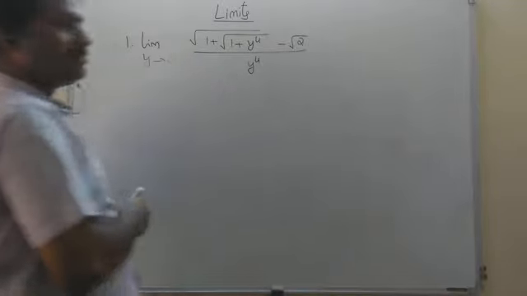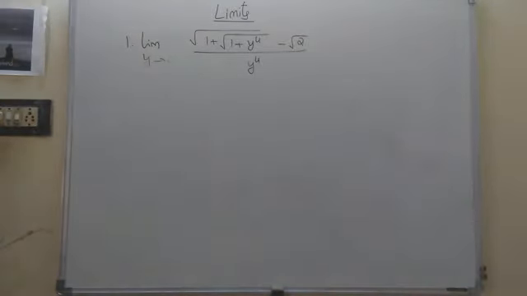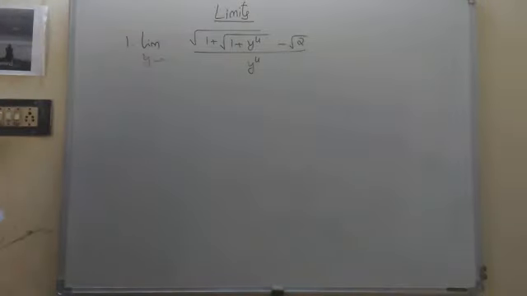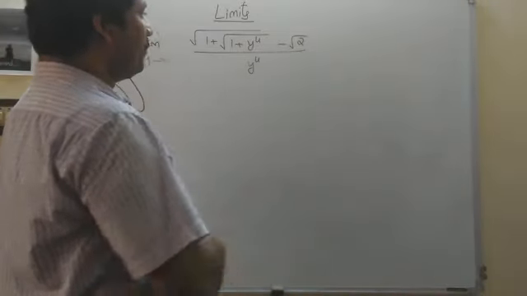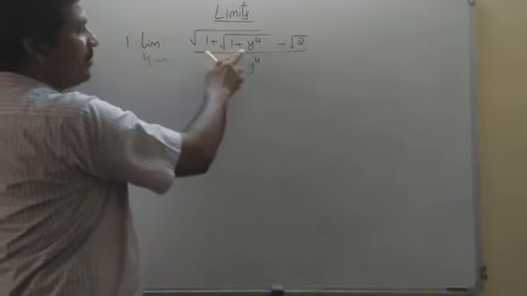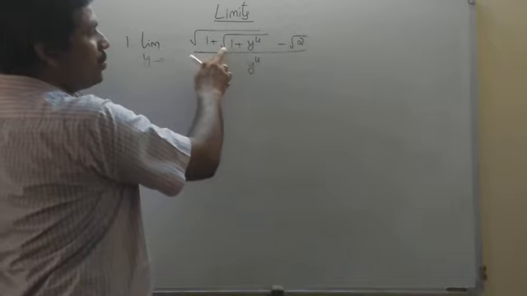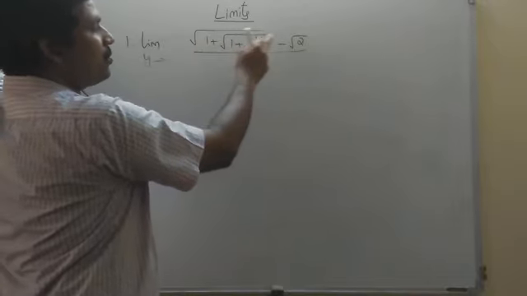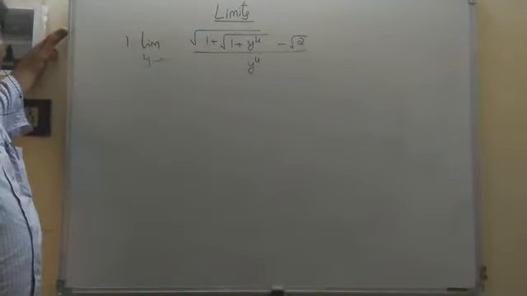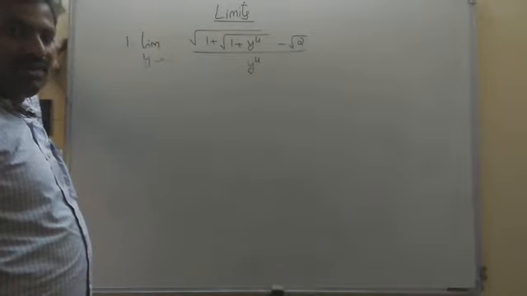See, this is the problem. First, what will happen? Y tends to 0, y is 0, 1 plus 0 is 1, root 1 is 1, 1 plus 1 is 2, root 2 minus root 2 is 0, and the denominator is also 0, so it is 0 by 0. Now you can apply L'Hospital's rule, that is one way.